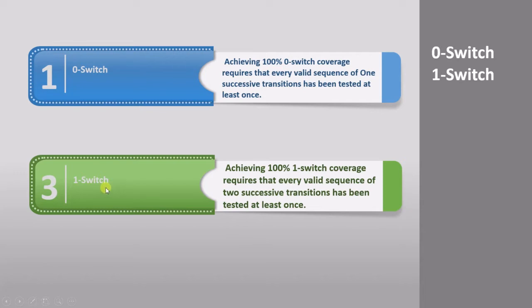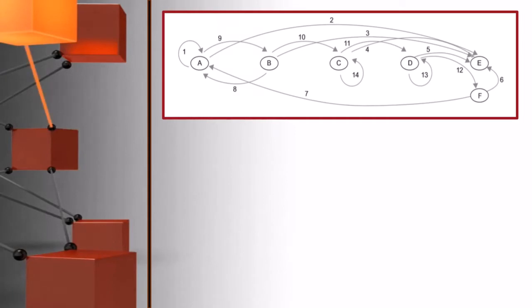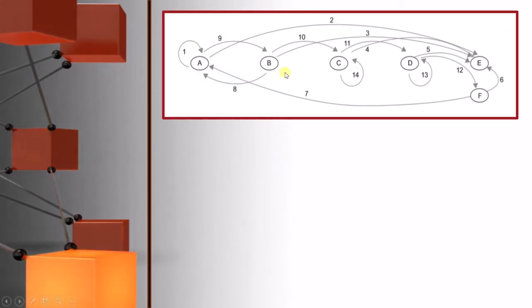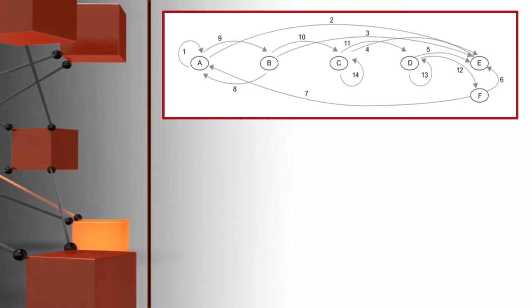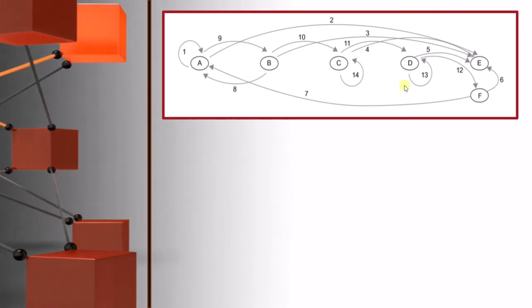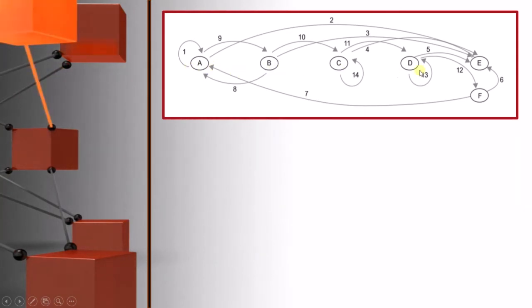Now what is the meaning of that? Now we will understand that with an example. Suppose this is a state diagram given to you, and now it is asked to cover 100% zero switch. So in order to start your analysis, the first step is you have to find out how many states there are.